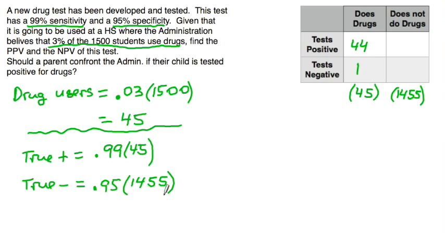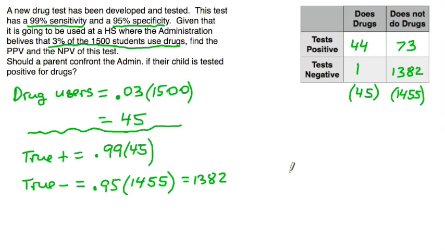So 1,455 times 0.95, 1382. So this would equal 1382. And we would put them here, 1382. And that leaves 1455 minus that, 73 students up here.